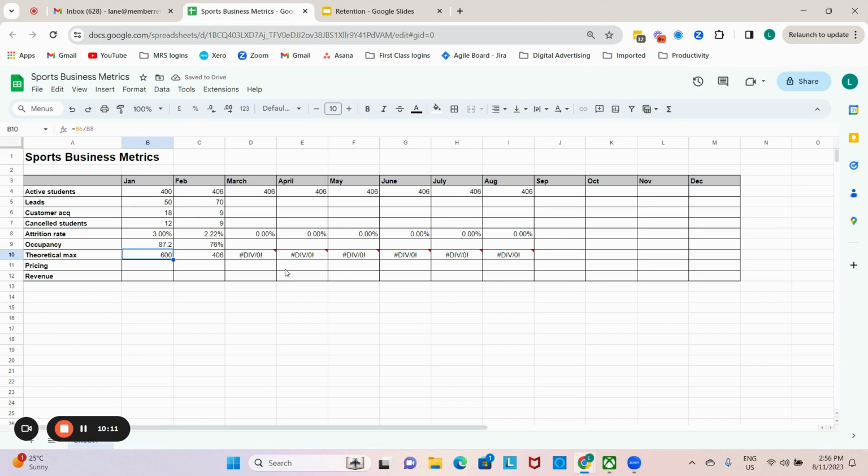That's more like it. So I can see that based on these metrics, my theoretical max is 600 unless I improve my attrition or my acquisition further. So this is good because we're at 400 now, but we can get to 600. As long as this stays true, we will eventually get to 600.